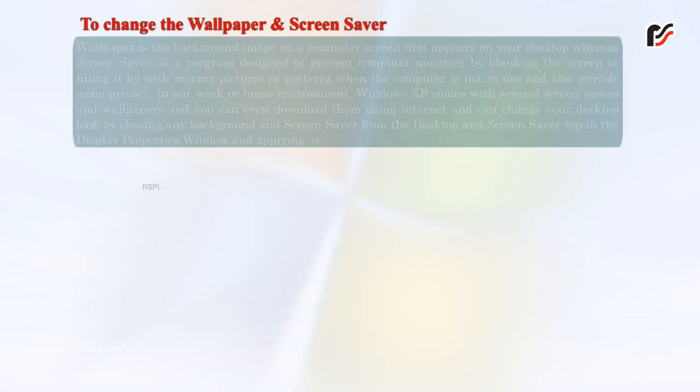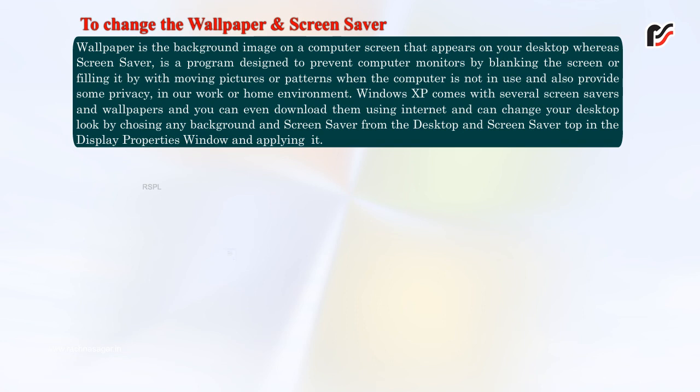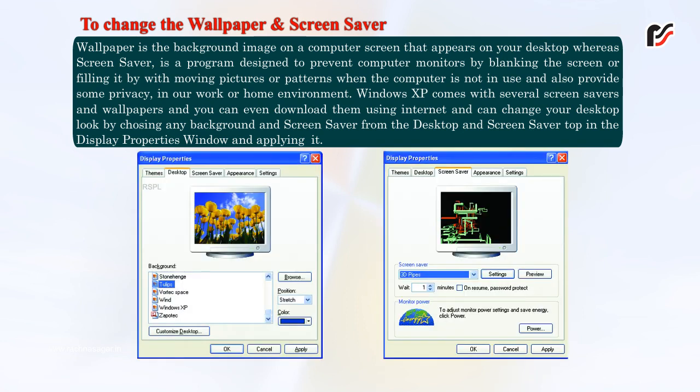To change the wallpaper and screensaver. Wallpaper is the background image on a computer screen that appears on your desktop, whereas a screensaver is a program designed to protect computer monitors by blanking the screen or filling it with moving pictures or patterns when the computer is not in use, and also provides some privacy in our work or home environment.